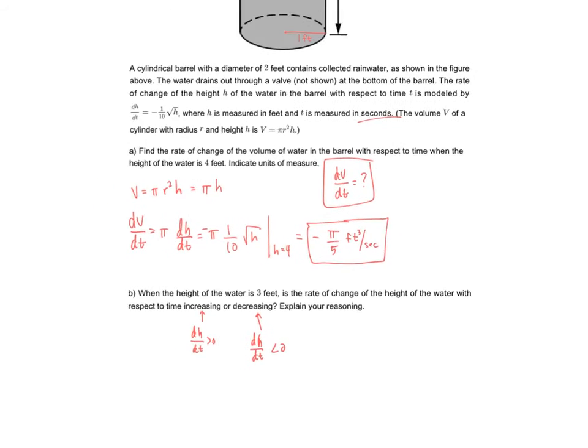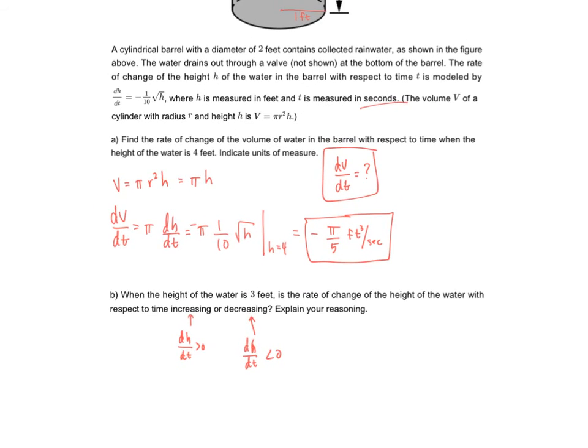We have a formula for dH/dt, and since h is always positive and the square root is always positive, dH/dt is always negative.